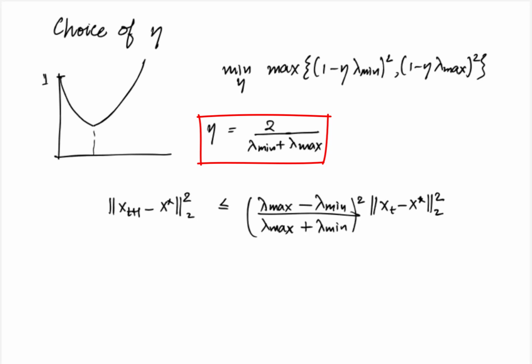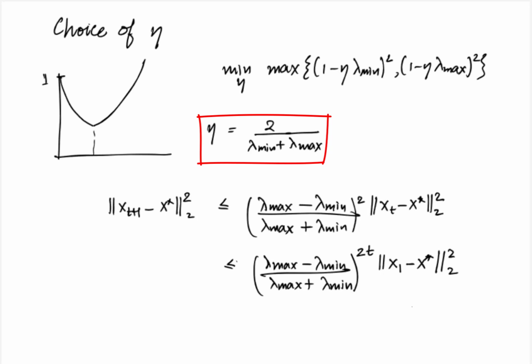We can recursively apply this bound so as to bound the right hand side as ((lambda max minus lambda min) divided by (lambda max plus lambda min)) raised to the power 2t times ||x_1 minus x*||^2. And finally, from the definition of B, this term is bounded by ((lambda max minus lambda min) divided by (lambda max plus lambda min)) raised to the power 2t times B. In other words, we can see that the distance from the optimum decreases exponentially with the iterations t.